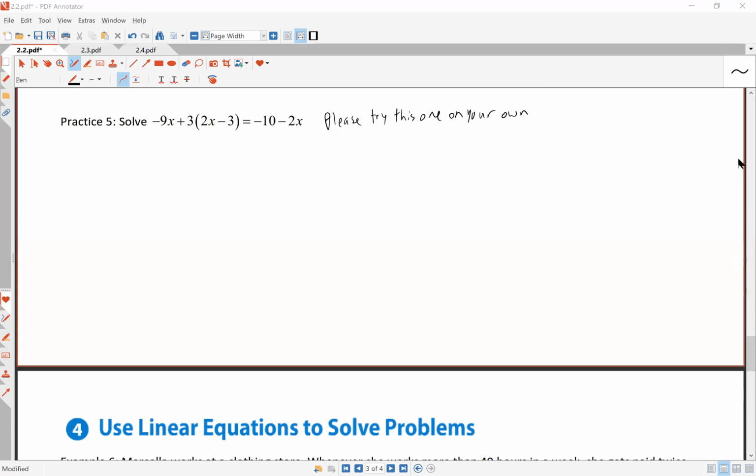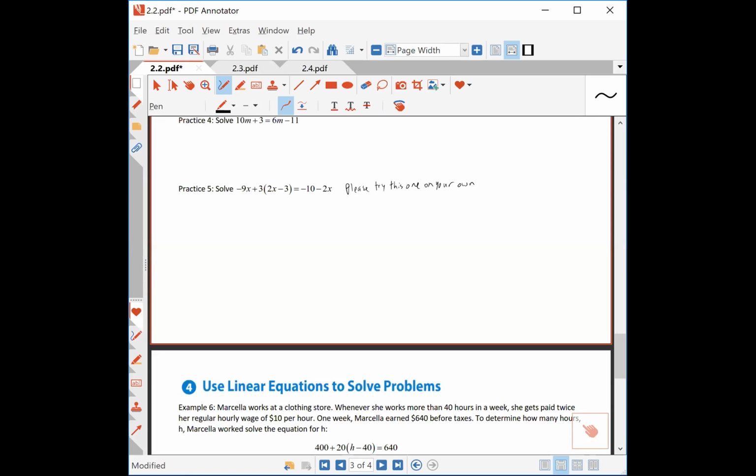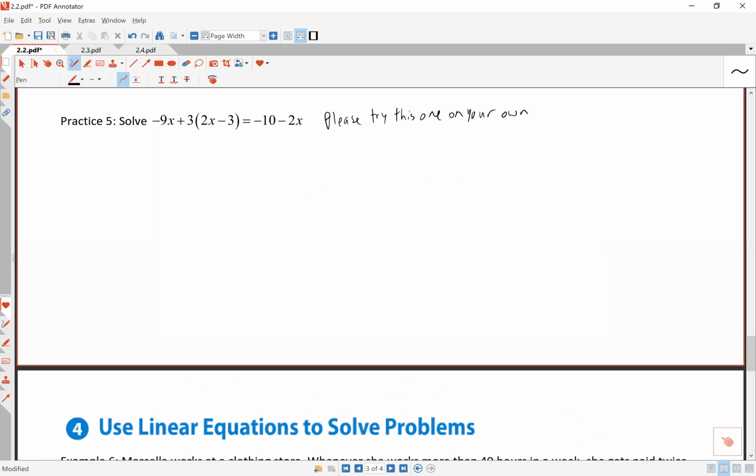All right, anyone get close to an answer here? X equals 1. Well, I would check that one. I would say negative 10 minus 2 times 1 would be negative 12.